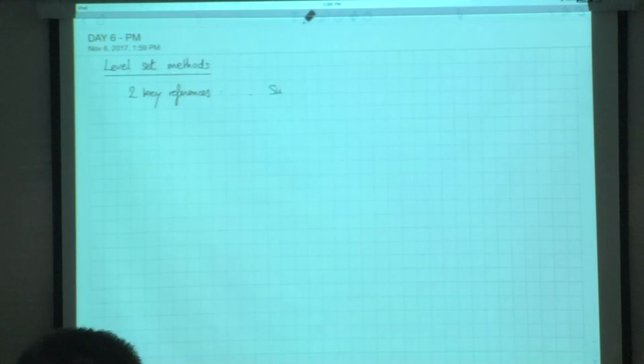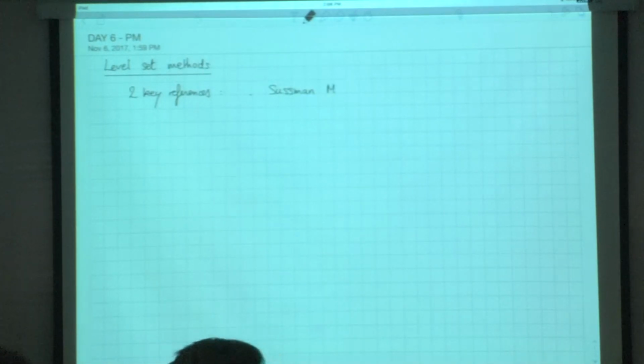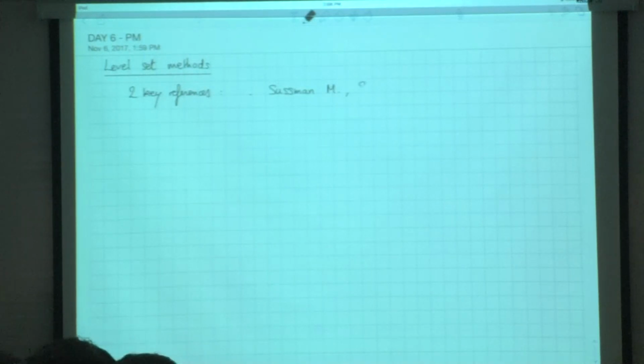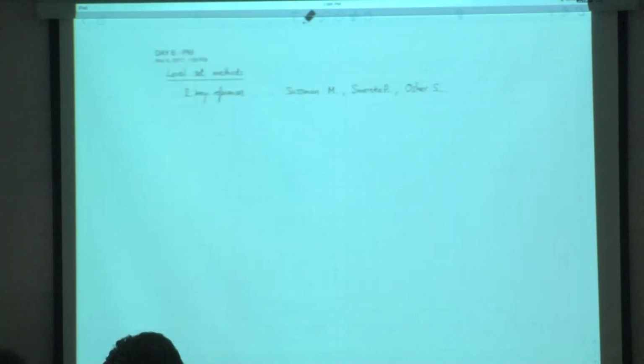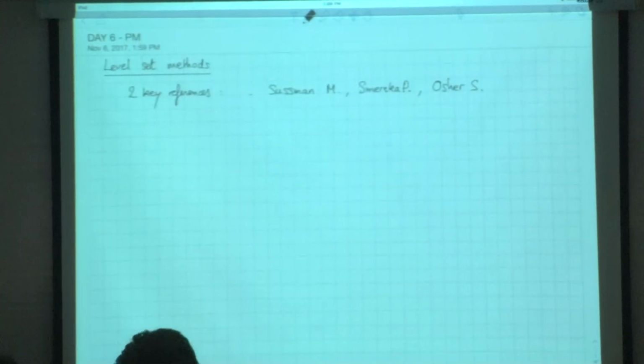So the first paper that I'd like to point you to is by Mark Sussman. The lead author, I guess the PI for the work, was Stanley Osher, an applied mathematician.